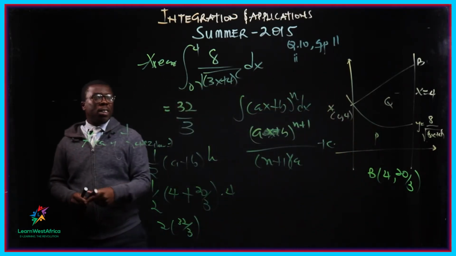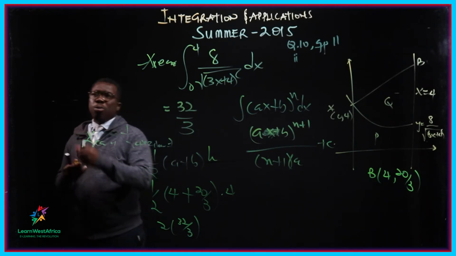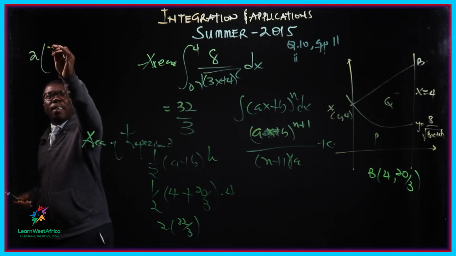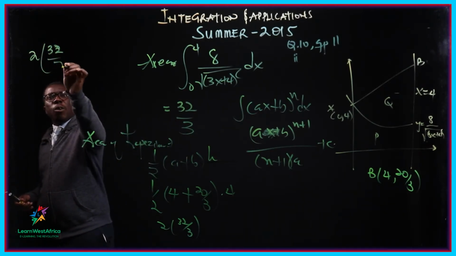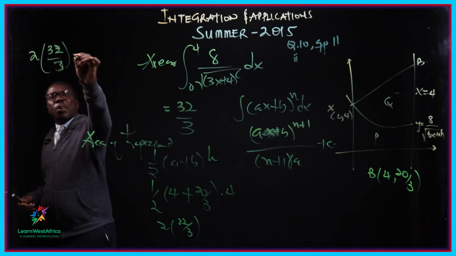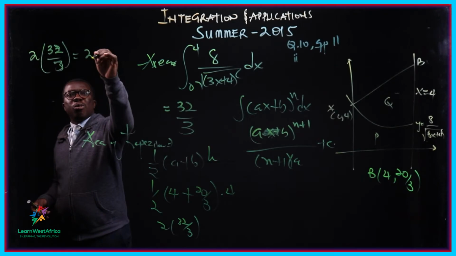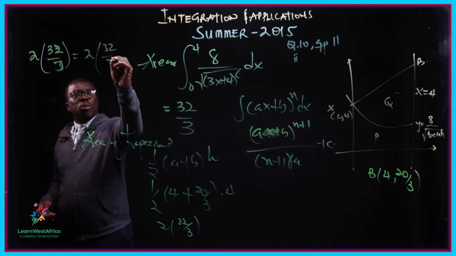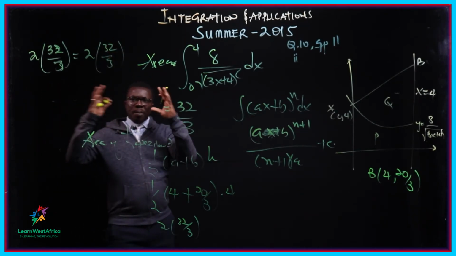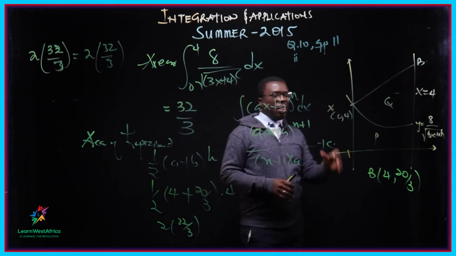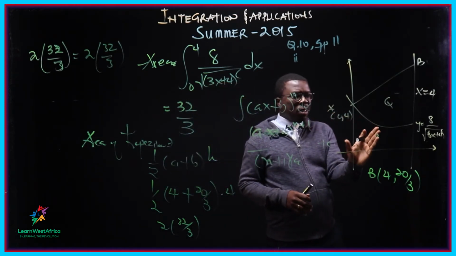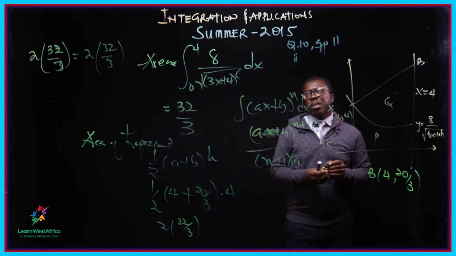And it is obvious: 2 times p, which is 32 over 3, should be equal to the area of the trapezium, which is also 2 times 32 over 3. So clearly, we have been able to establish that the area of the region P is the area of the region Q.